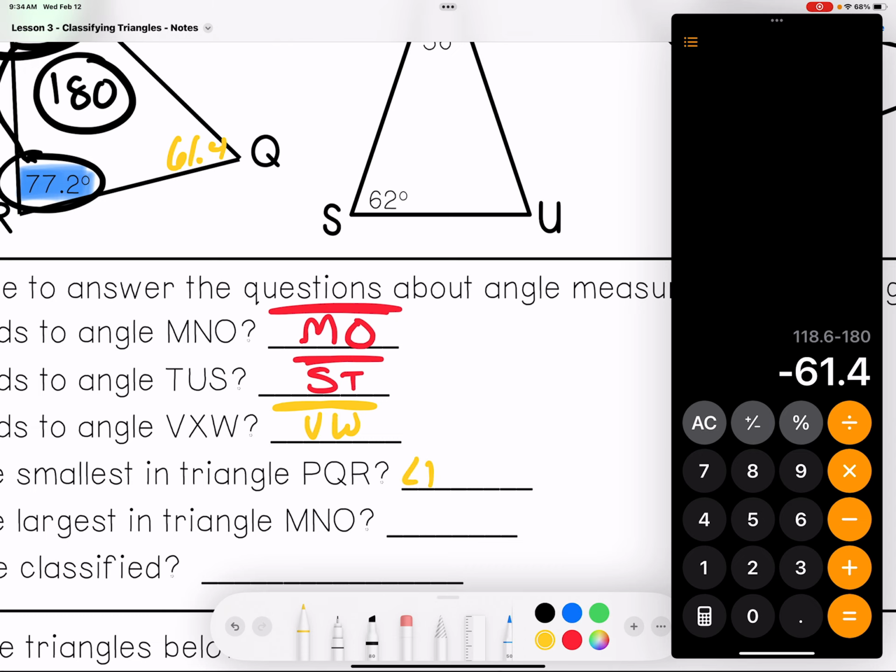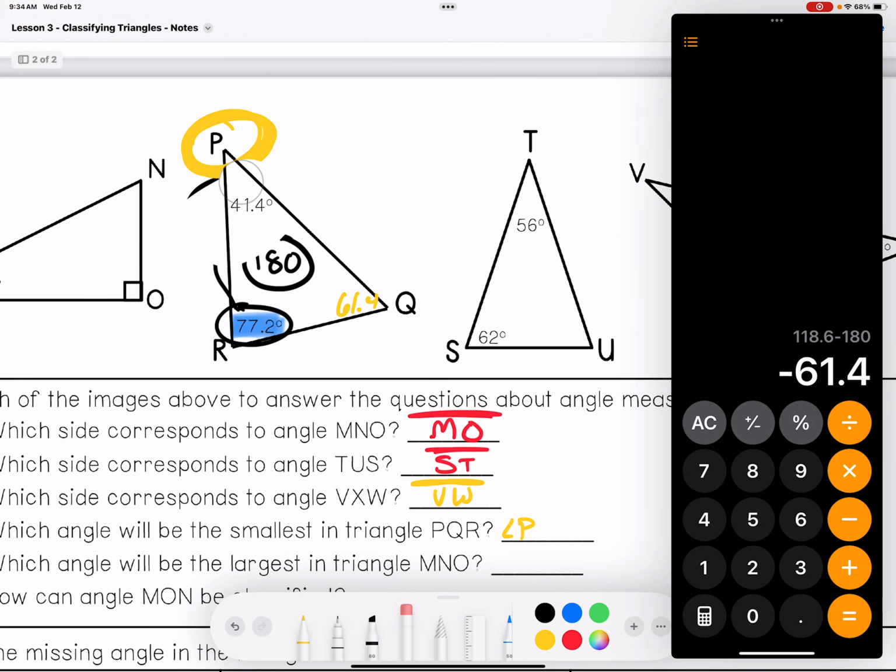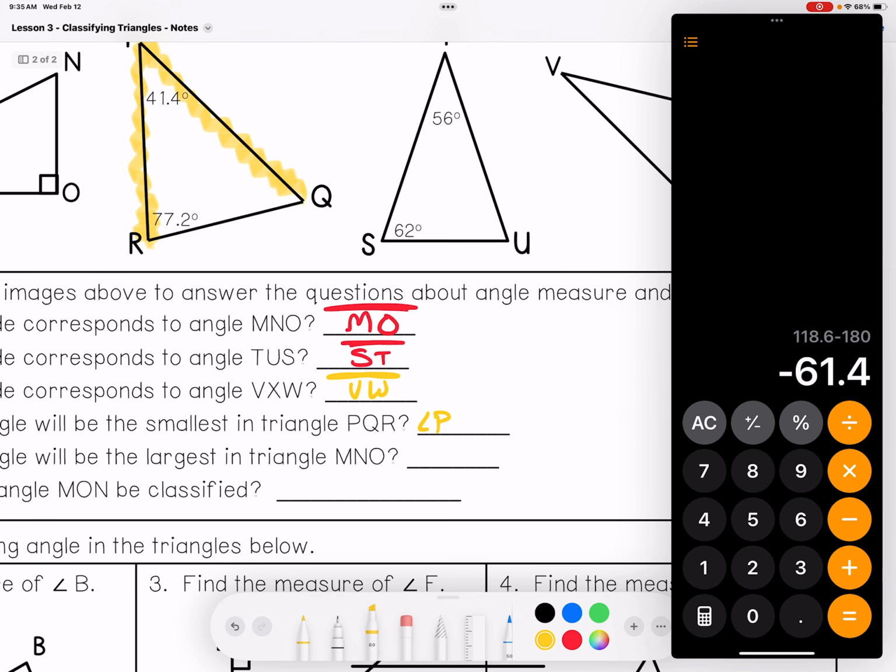You could just put angle P, or you could put angle QPR, as long as P is in the middle.